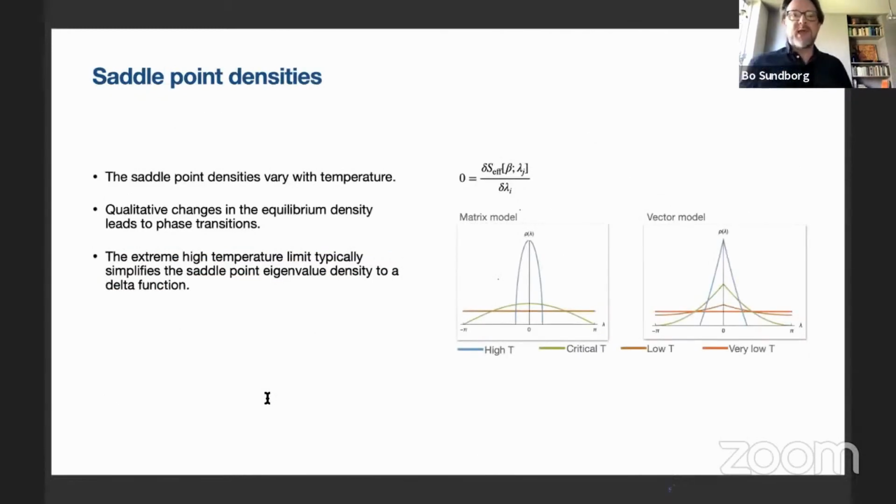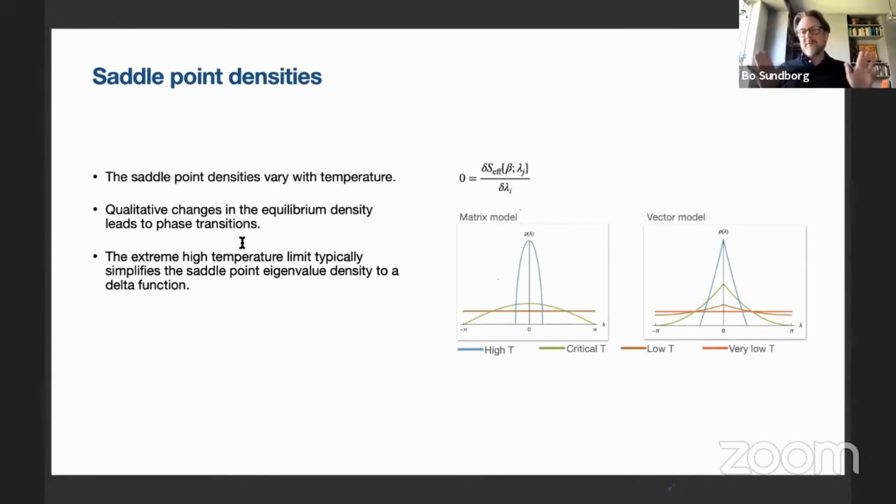All right, so what do we get? We get saddle point densities, the critical ones, solving this equation. These densities will vary with temperature, and qualitative changes in the equilibrium density of eigenvalues lead to phase transition.